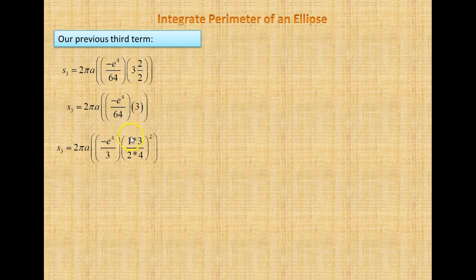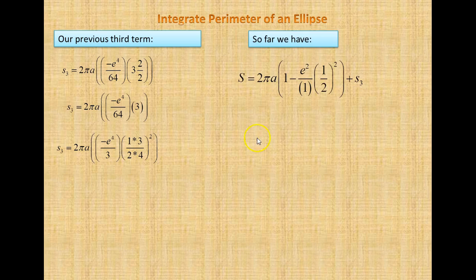And now we substitute our terms. We move them around. We have 3 over 64, because that's minus e fourth over 64 times 3, which equals 1 times 3 divided by 2 times 4 squared, and we put a 3 here to account for the 3 that's up there. And we just rearrange these terms. So far we have 2 pi a times 1 minus e squared over 1 times 1 over 2 squared plus S3.